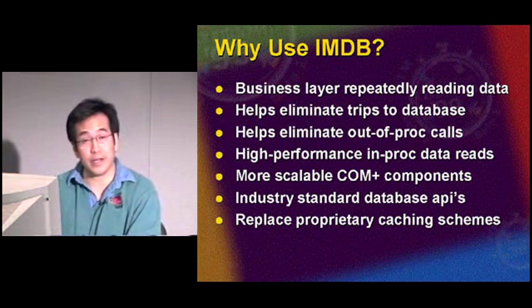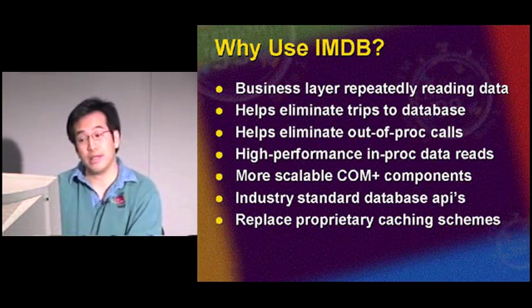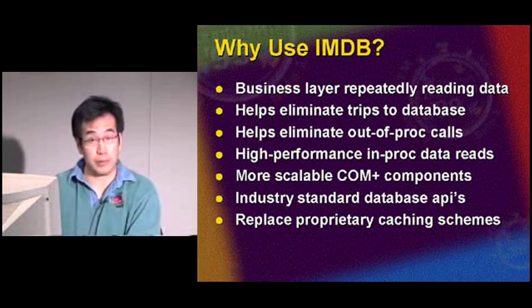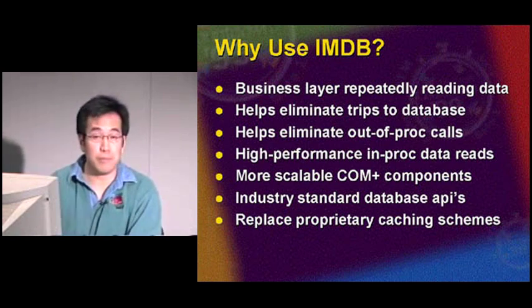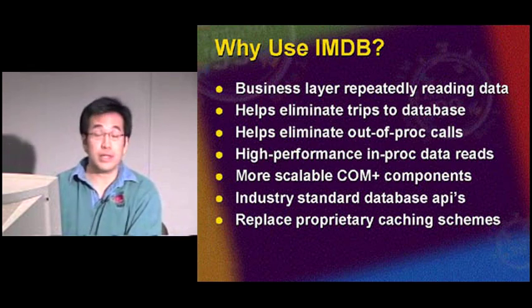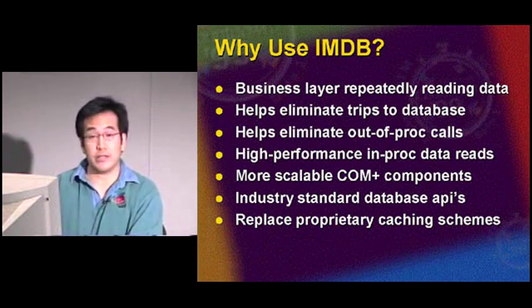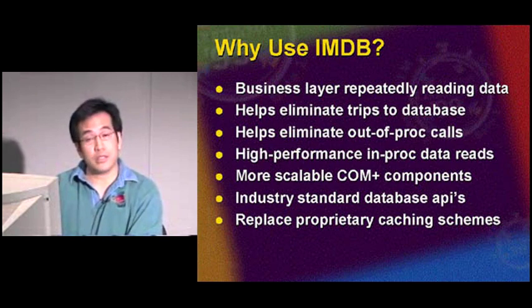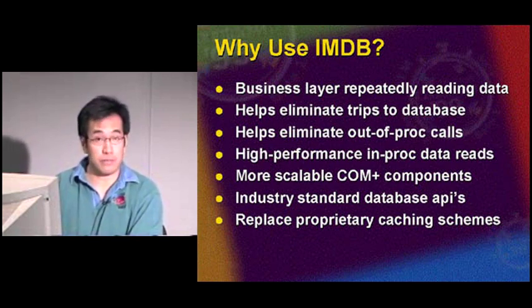Another advantage of IMDb is it provides industry-standard database APIs, being ADO and OLE DB. This provides customers with the opportunity of replacing proprietary caching schemes with IMDb. Many customers already implement proprietary caching, but usually the knowledge of these caching schemes is limited to a small set of programmers who originally implemented and developed the caching.